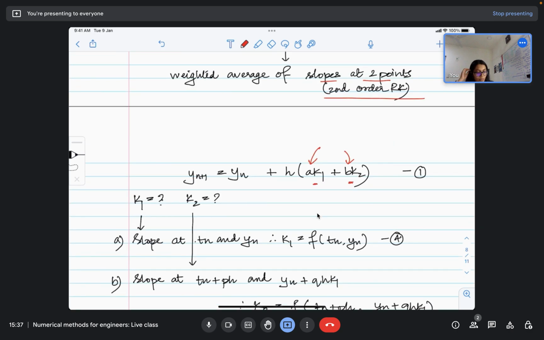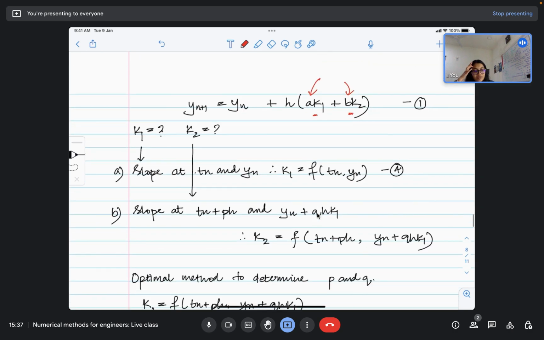Now we will try to understand the expressions for k1 and k2 and why they are derived in a particular manner. The value of k1 is always fixed, and that is the slope at tn and yn. That is the exact value given to us, and we use that one value as k1 in the expression.